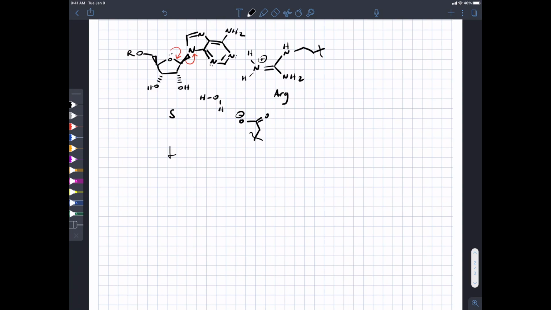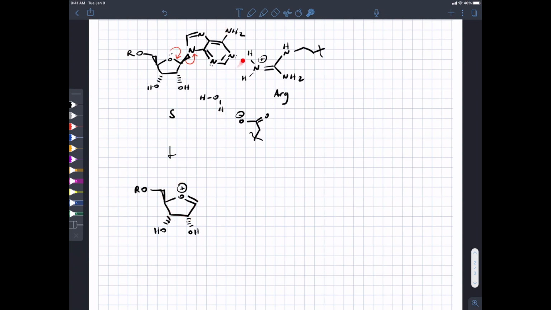And one of the roles of that negatively charged glutamic acid side chain is probably to ion pair with the positively charged oxocarbenium ion. And really, it's probably the presence of this residue that helps stabilize this part of the rate determining transition state.